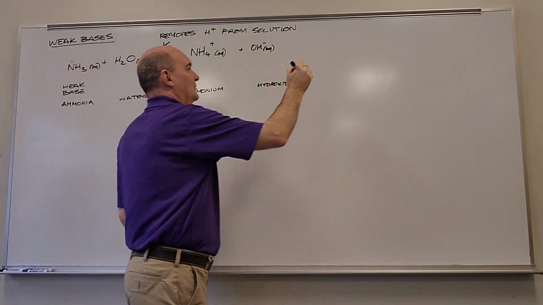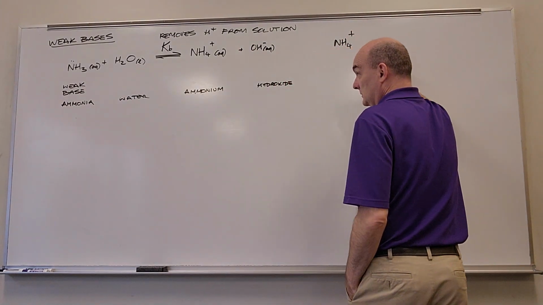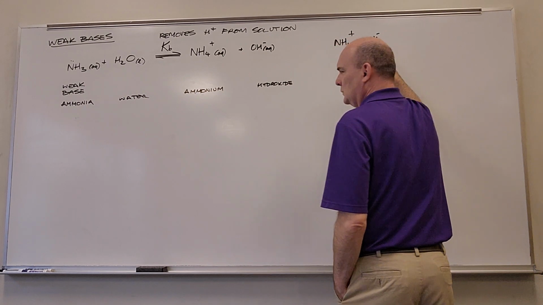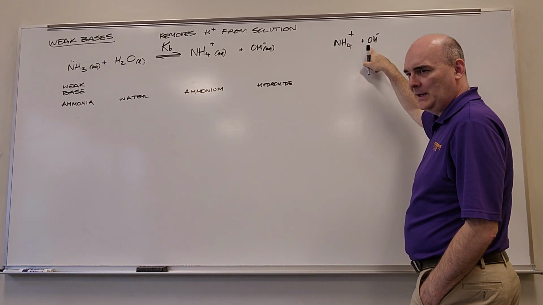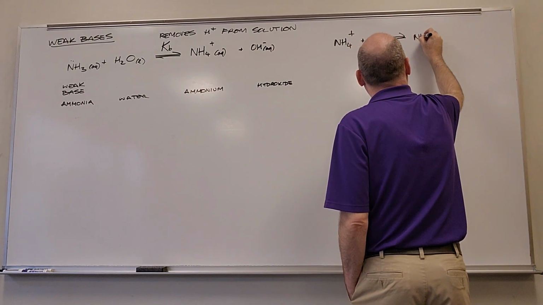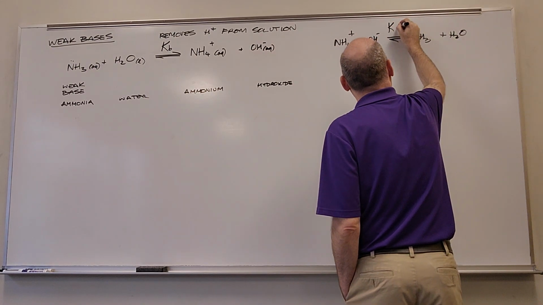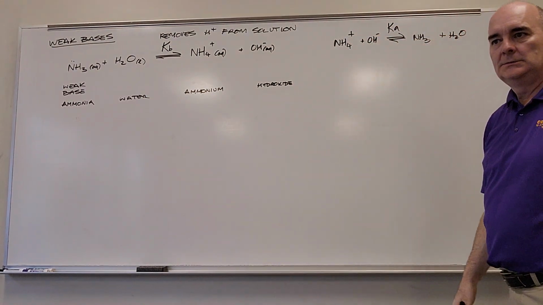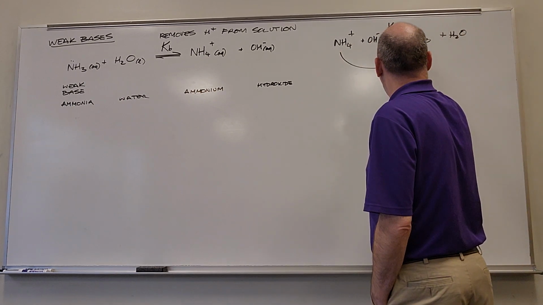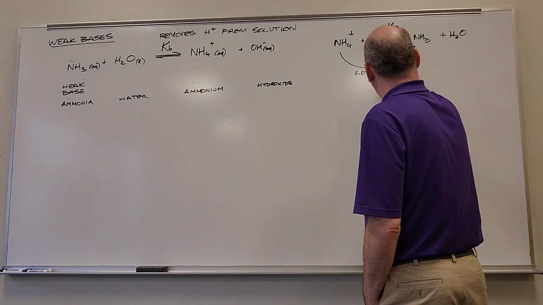The reverse, where my NH4 plus interacts with an actual base, a strong base, and makes NH3 and H2O, would be written as a Ka, because from here to here I'm losing H plus.